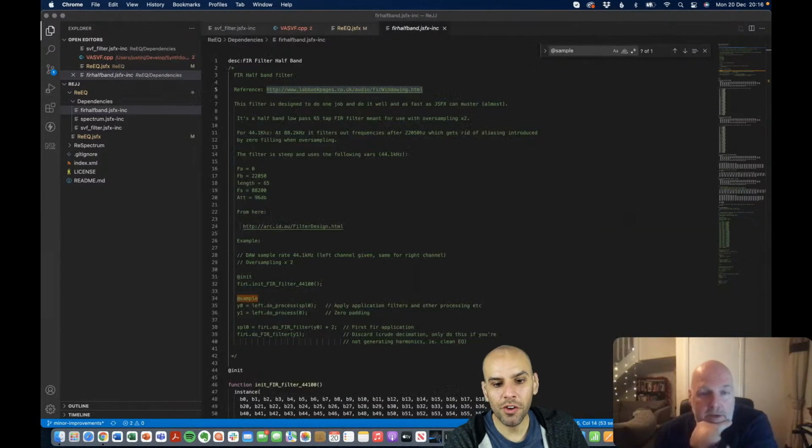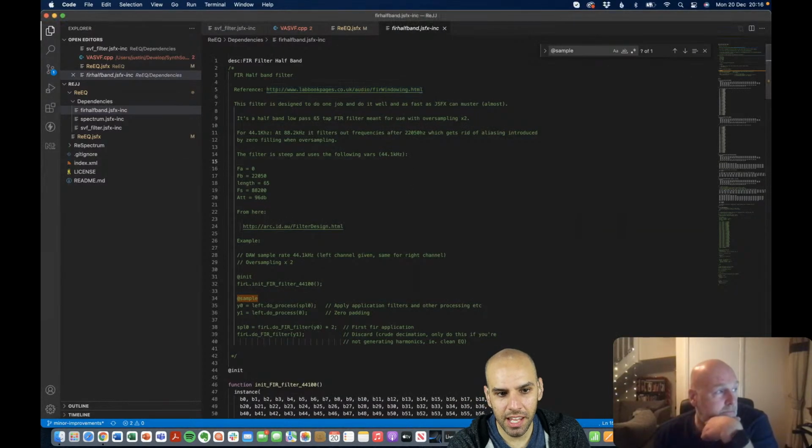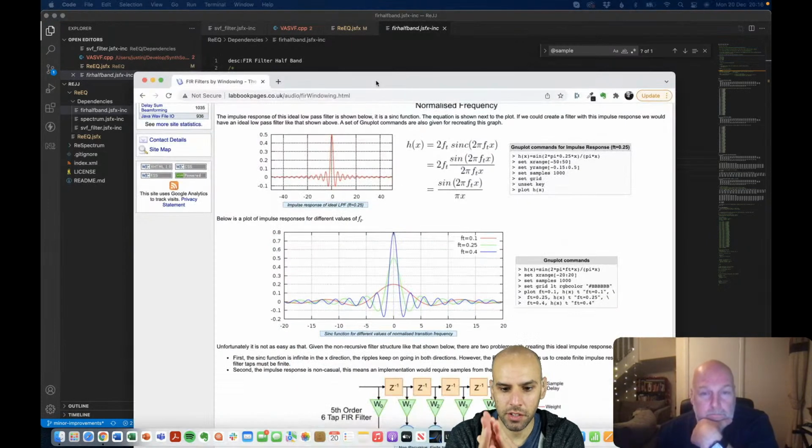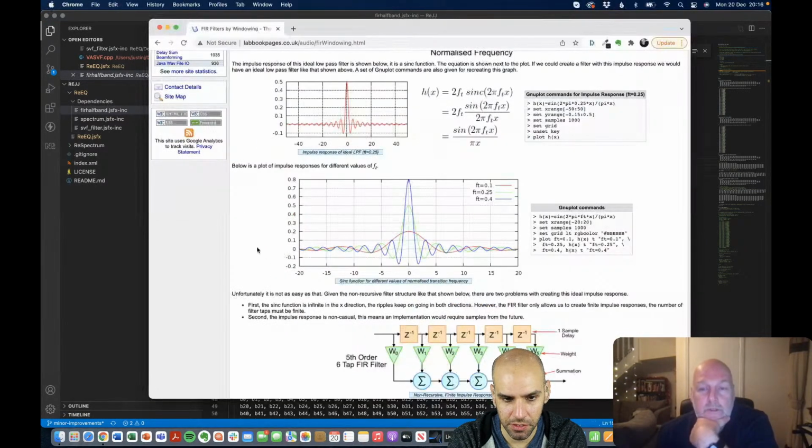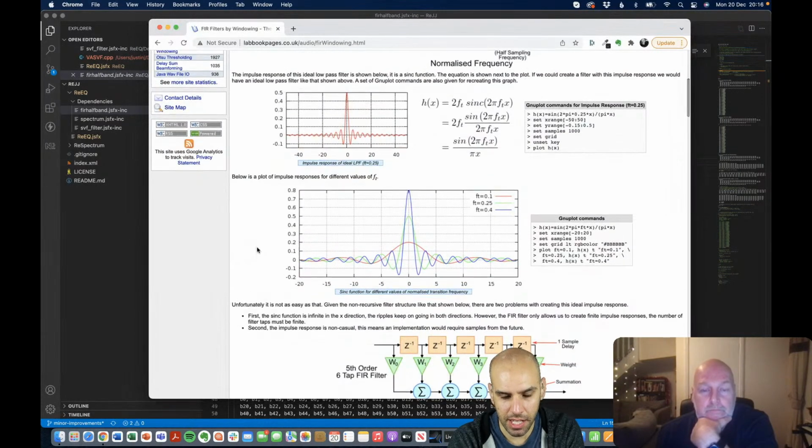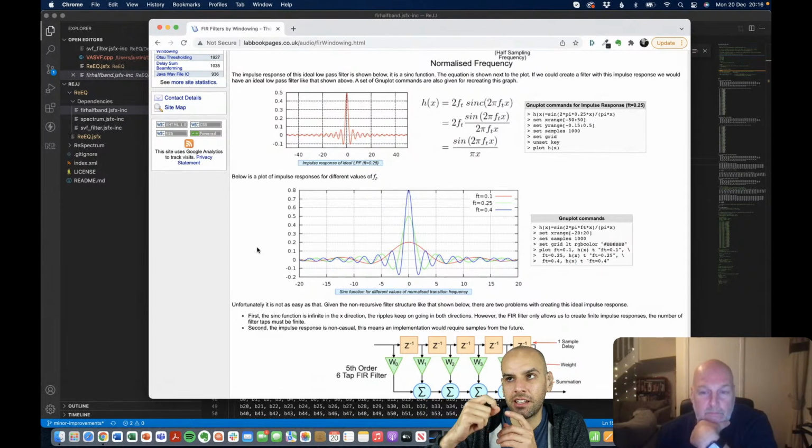But no. Before you do that, there is something really cool about that image. The filter impulse response that we have on the screen, it says plot of the impulse response for different values. In that plot, you can see that it has sample 0, and then it has positive samples and negative samples, and that is key. That is why we need some latency to run this, because we need to apply the impulse response to samples in the past.